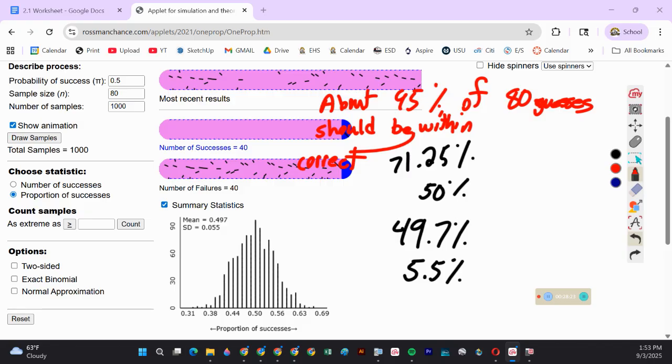Within plus or minus 49.7 plus or minus 2 times 5.5.